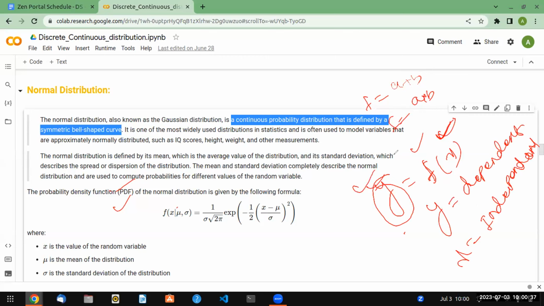Now, how to draw this y equal to f of x in a graph? Tell me how to draw this y equal to f of x in a graph. And my drawing is really miserable, guys. Please let me try to draw. This is my x-axis, this is my y-axis. How am I going to plot y equal to f of x?